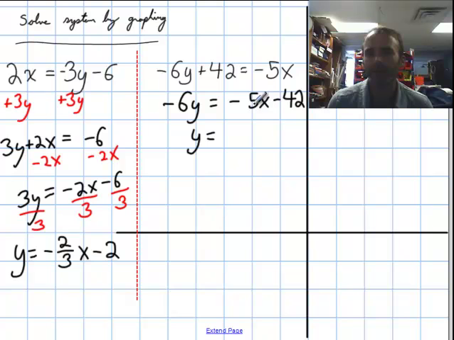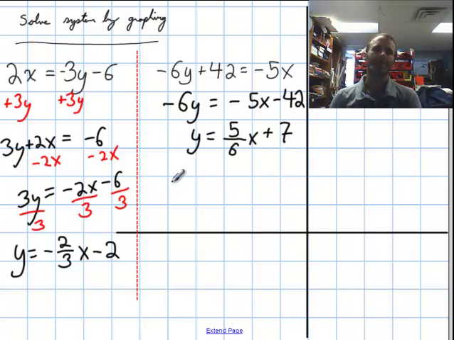So when I divide negative 5 by negative 6, the two negatives cancel out, so I get 5/6 x. And I have negative 42 divided by negative 6. Well, two negatives again cancel out, makes positive. And 42 divided by 6 is 7. So you can see that this way is much cleaner than this way. So if you can work your way to this, that's what your goal is. But if you still need to write these steps in, that's fine as well.